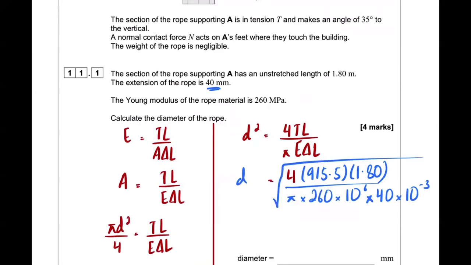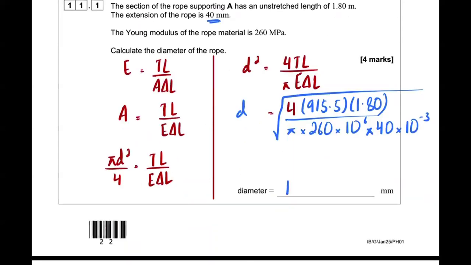This is 2.017 into 10 to the negative 4. Taking the square root, this turns out to be 0.014, multiplying by 1000 to give this in millimeters. So this is 14.2 mm. So I can write 14.